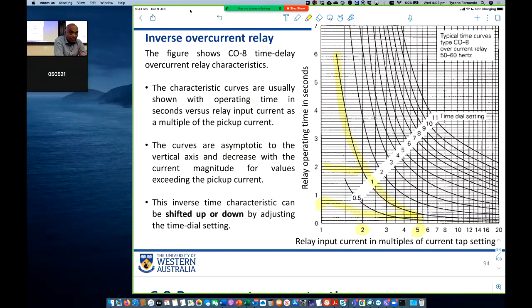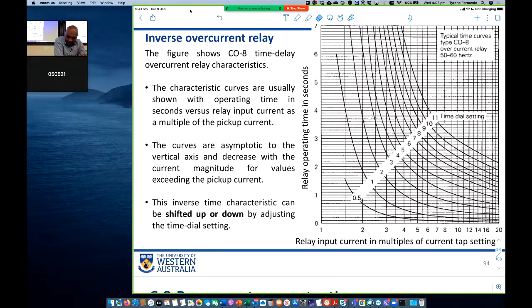Makes sense because if the magnitude of pickup current is big, you want it to activate quicker, right? And then these particular curves, you can shift it up or down by choosing some setting. I can take this curve and shift it here if I go from 1 to 2. It's a dial setting that will shift those curves.